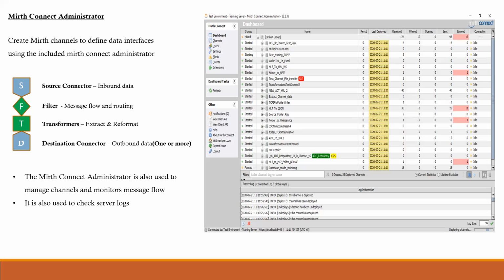Now, when we explore more, let me tell you the way or the philosophy that we are going to have to understand Mirth Connect architecture. We'll be slowly peeling off the design and zooming into this design. Okay.